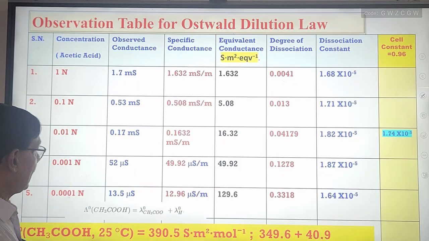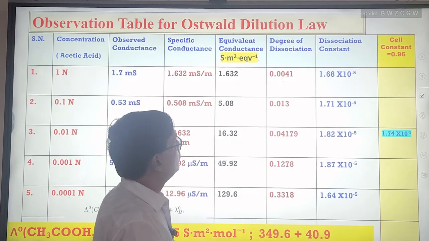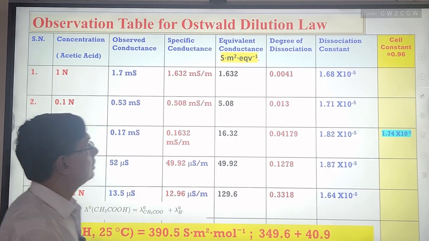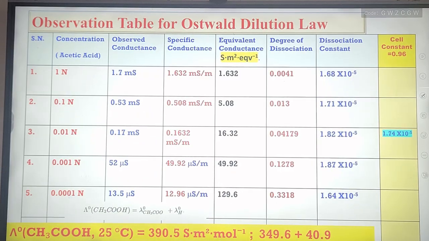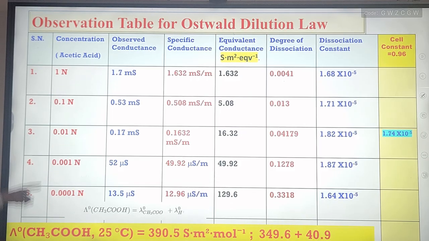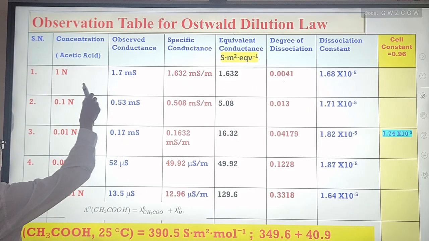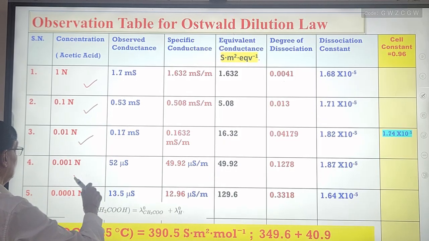Now observation table I have already given you, the blank data sheet. So this is observation table number 2. So you have prepared these 5 solutions: 1 normal, 0.1, 0.01, 0.001.